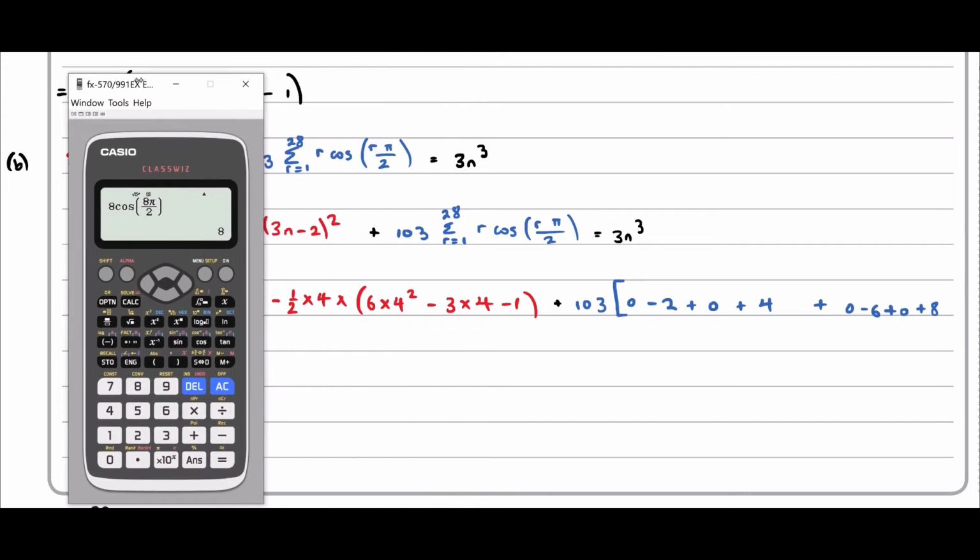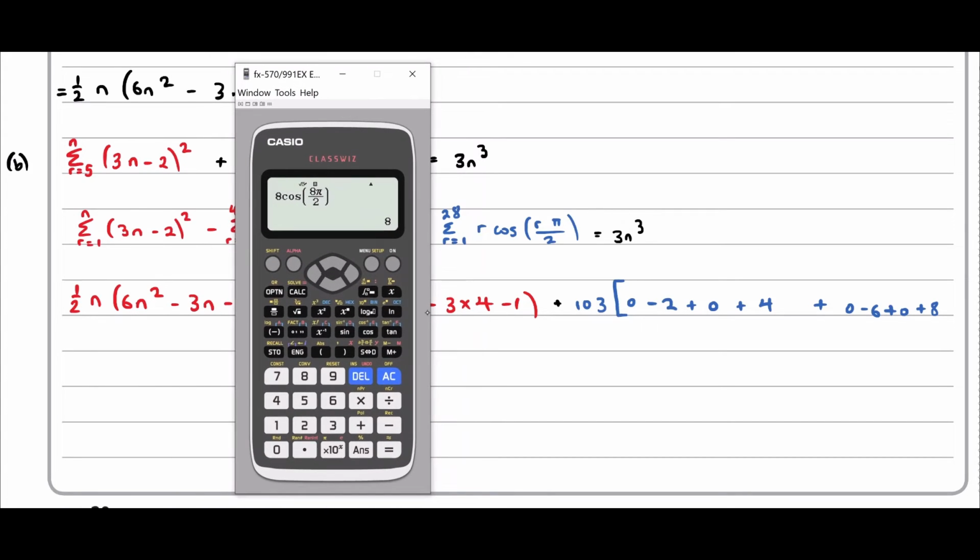If I continue to work this out, when r equals 9, we have 0. When r equals 10, we have minus 10.